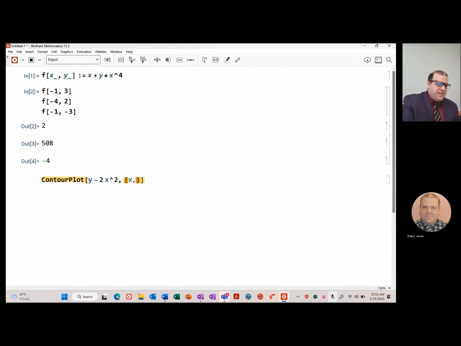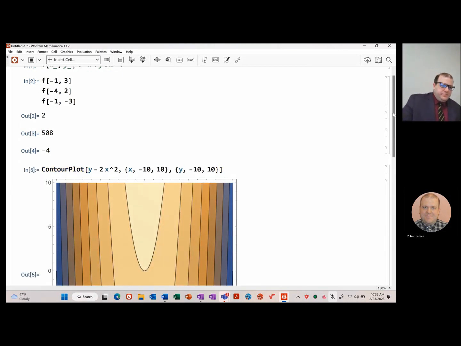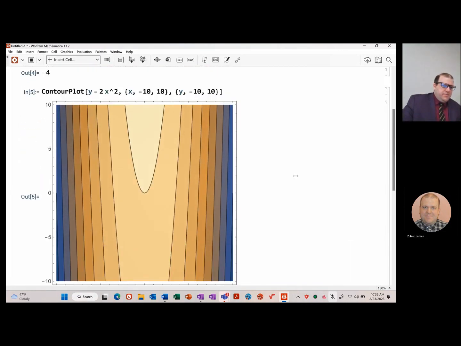We still need to put in a range for each variable. I just went minus 10 to 10. This is technically all you need. And this will be the result.